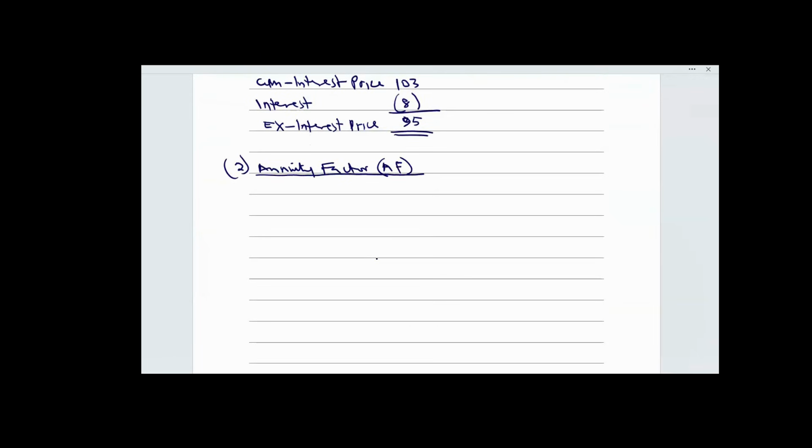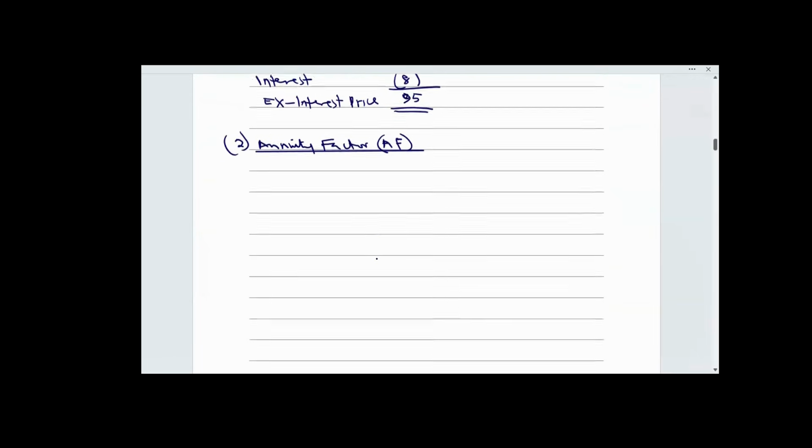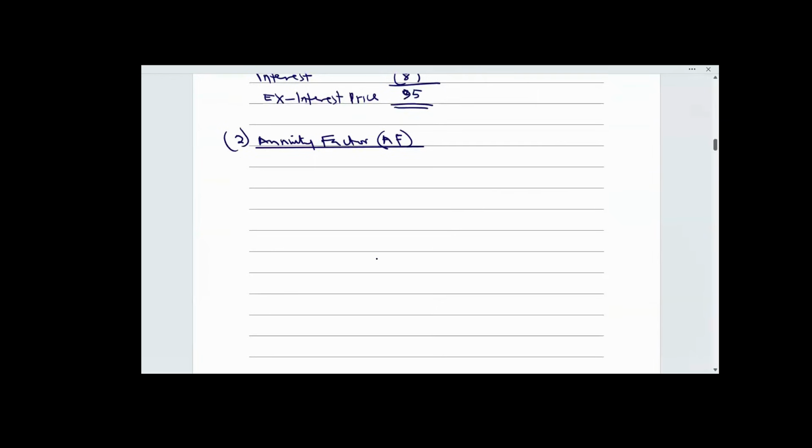You calculate annuity factor when you have constant cash flow. So in this case, annuity factor is computed as (1 minus (1 plus r) raised to power minus n) all divided by r.